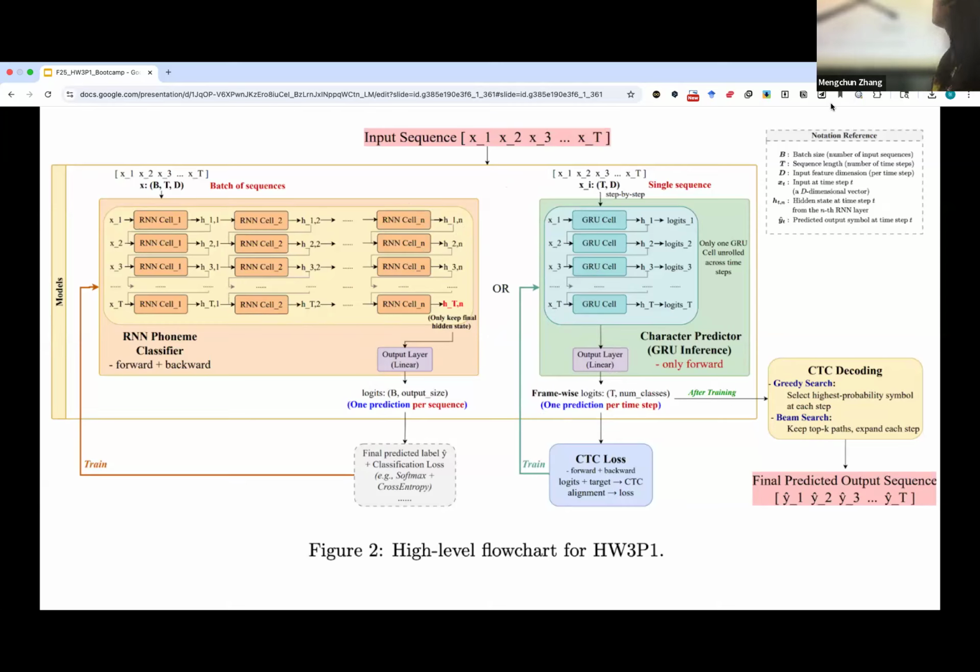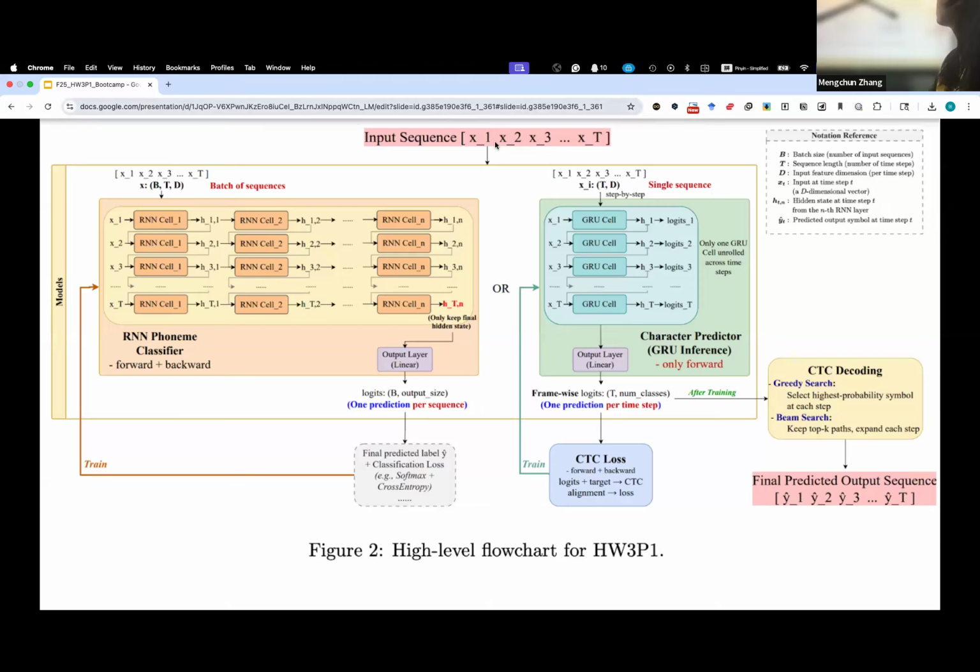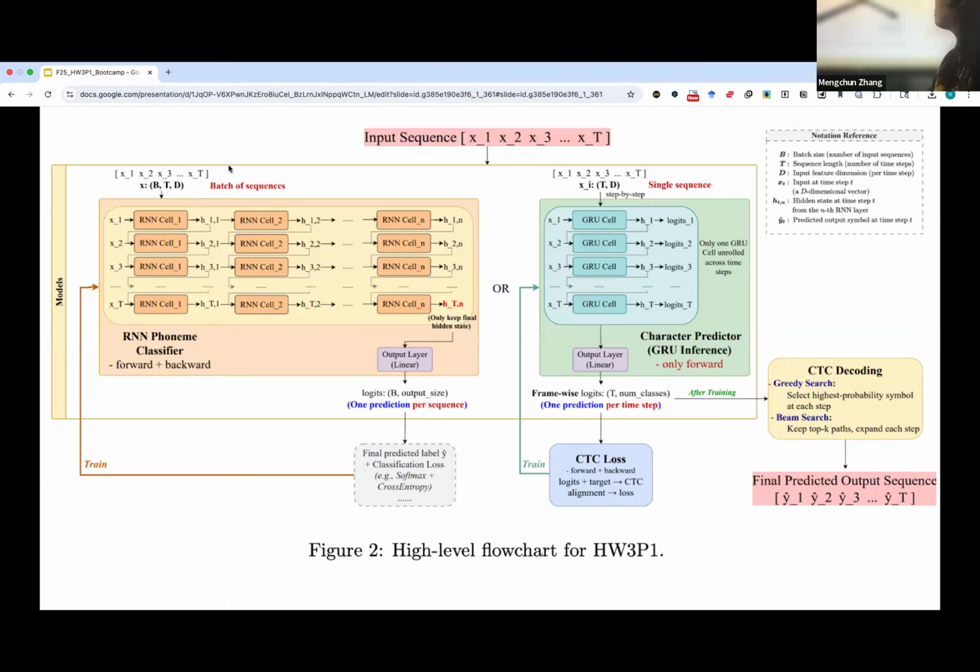So here we have the input sequence across time. Then we have these two models that I have introduced to you before. First we have this RNN phoneme classifier. It's a many-to-one mapping, so in the end we only have one prediction per sequence. Then we have another model, the GRU inference that you have implemented before.